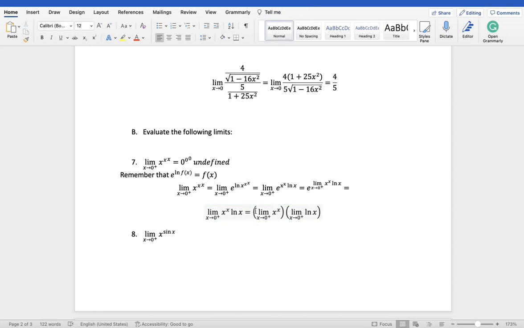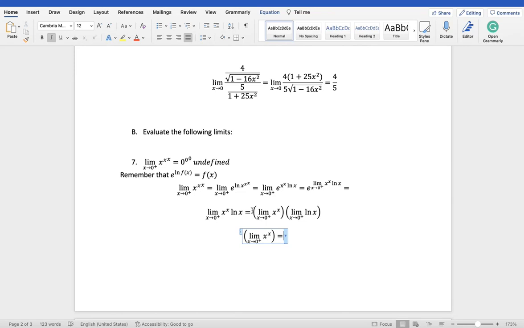And now let's find the limit of x to the x, because remember, let's solve this separately as well. I'm trying to break it down into steps so you guys understand. The limit of x to the x as x tends to 0 from the positive side. Again, if you substitute in, you'll get 0 to the 0.